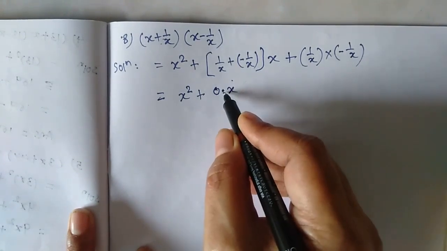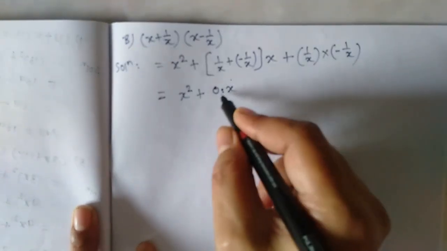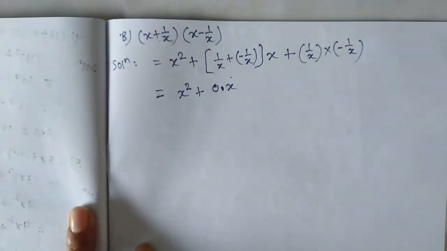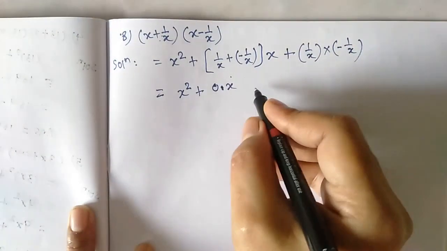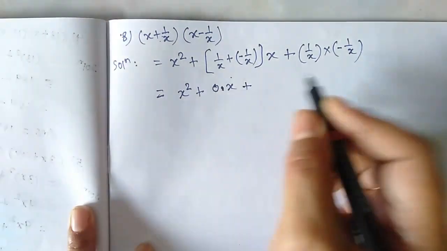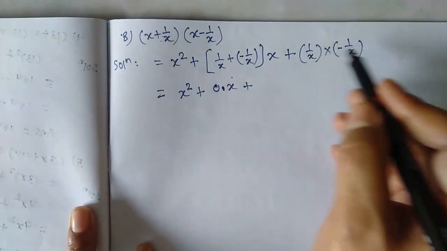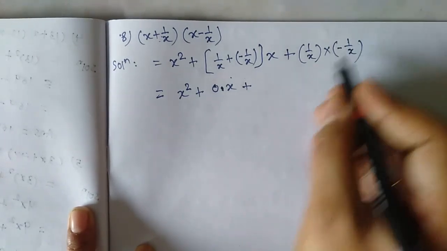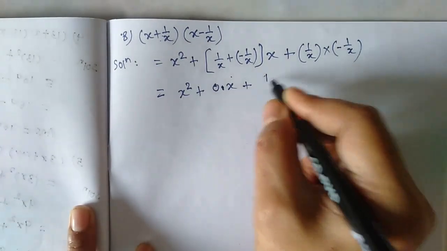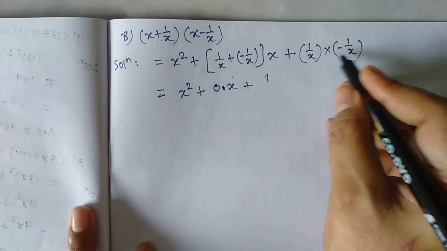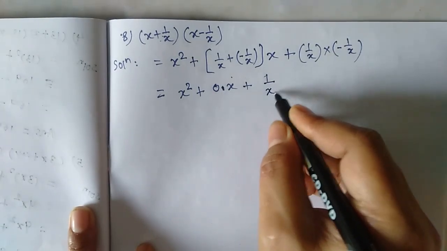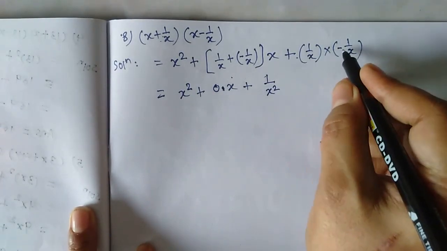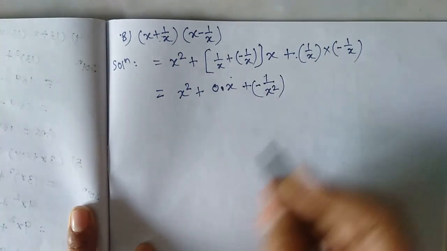Dot means multiplication. You can write the multiplication sign. Plus 1 upon x into 1 upon x. So take the multiplication of numerators. 1 into 1 is 1 and x into x is x square and plus into minus is a minus.